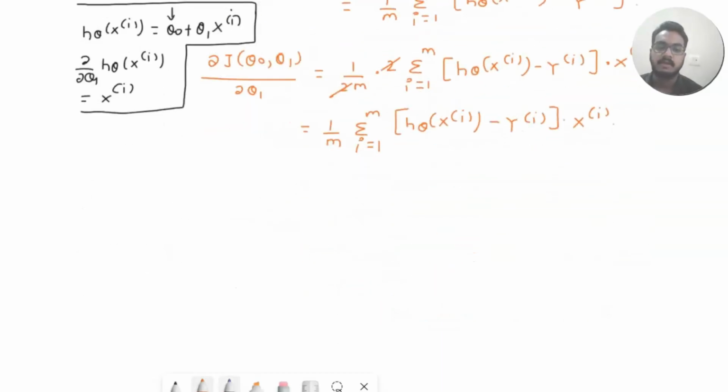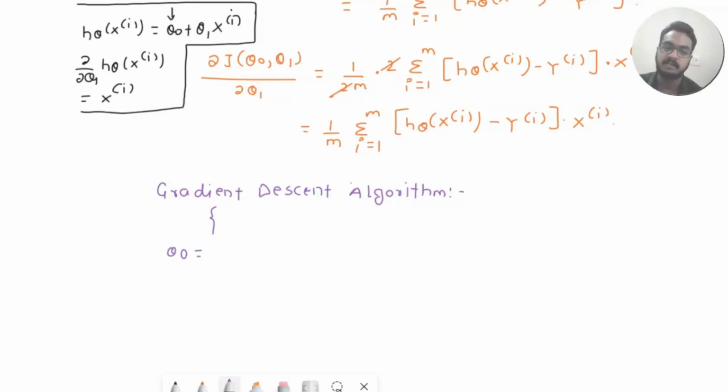Now we can rewrite the gradient descent algorithm. Finally, the gradient descent algorithm, in the expanded form, we are writing with respect to both variables and how they are going to change. It says repeat until convergence, and the expressions we get are these. First I will write down theta 0.